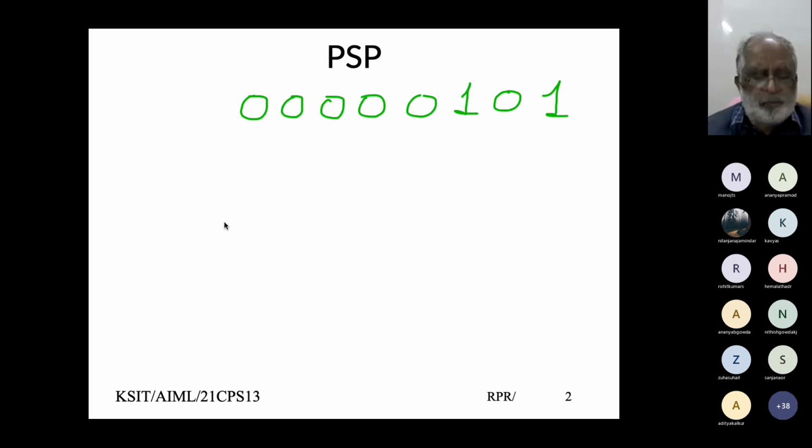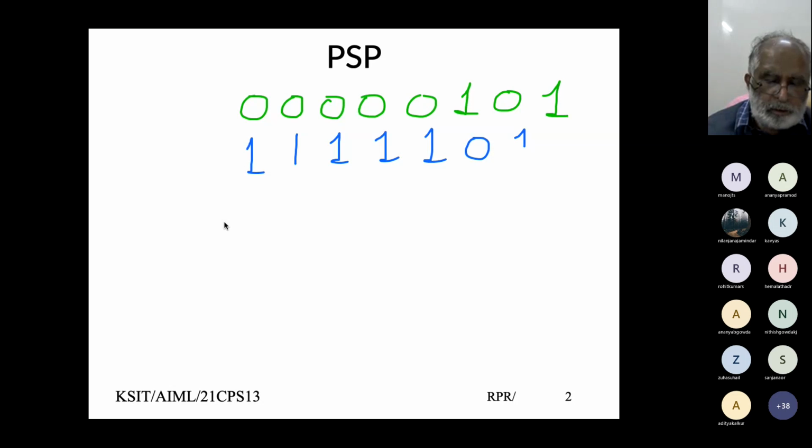Take one's complement, and add 1 to it. If I take one's complement of this, it would be 1 1 1 1 1 0 1 0. This is called one's complement.